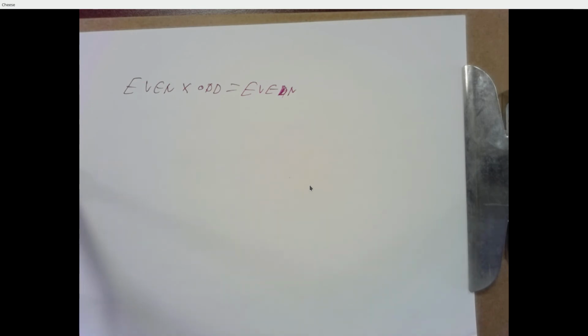I would probably start out with the definition of even and odd. But they're not consecutive, so we can't use that. Say n1 is our even number, n2 is our odd, and n1 is equal to 2 times some integer k, and n2 is 2 times some integer k plus 1.